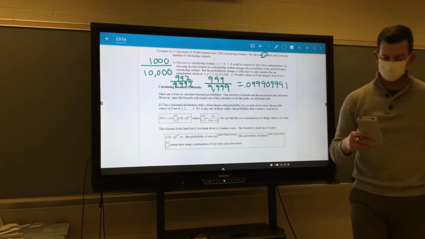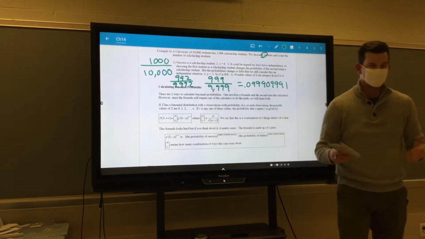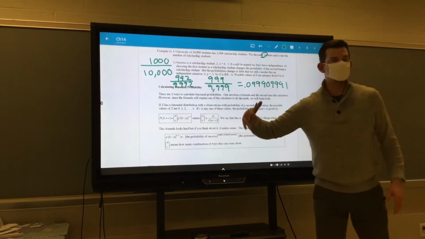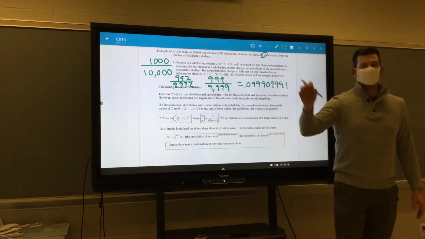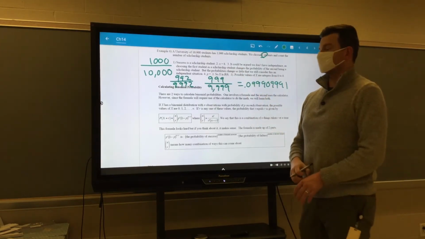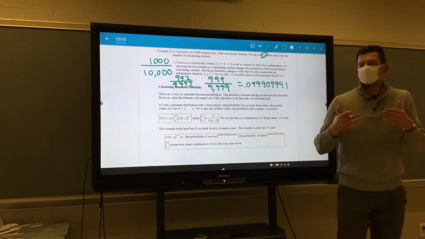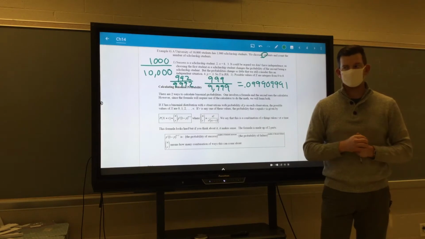Yeah, 0.0993. So we really haven't changed that much. We are going to assume independence here. Okay? Because this sample size is large enough, it's close enough to being independent for us to use this model.